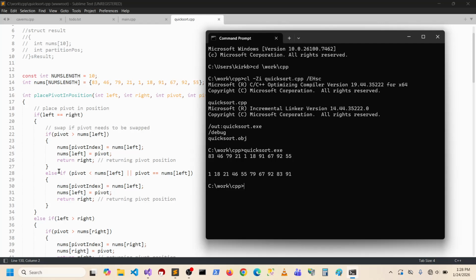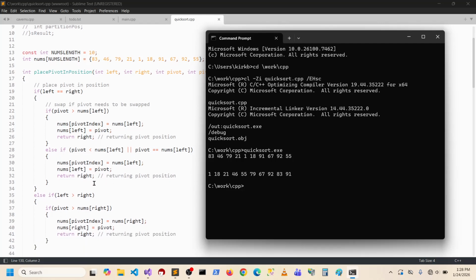Pivot is not greater than left, which is 92. So it goes here, less than or equals. Then they swap. Pivot index should be 0. Left is 92. Okay, yeah.